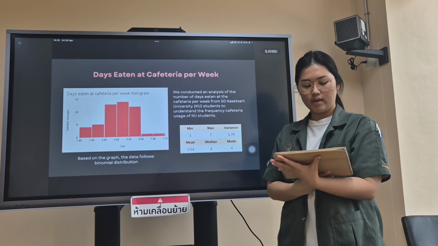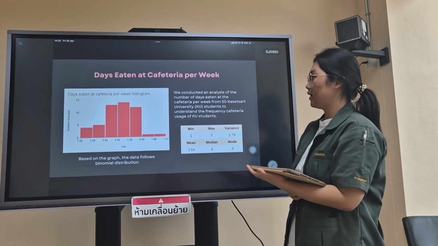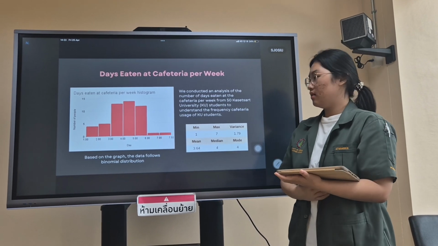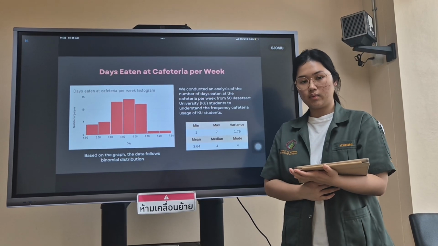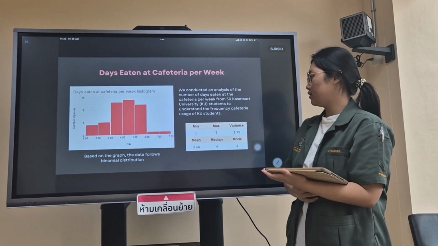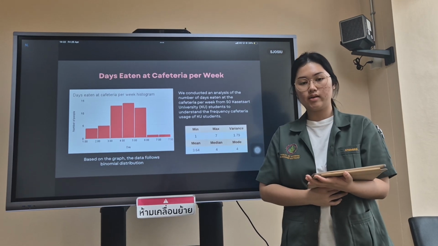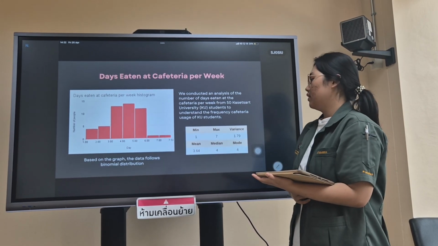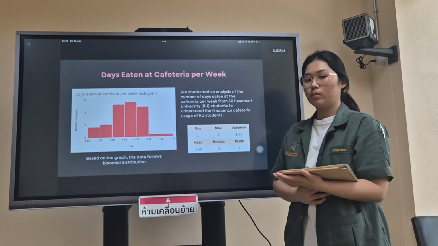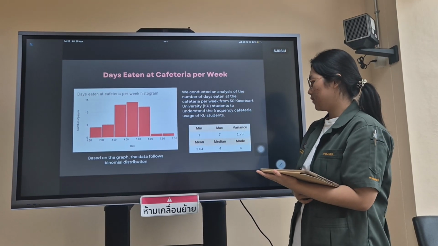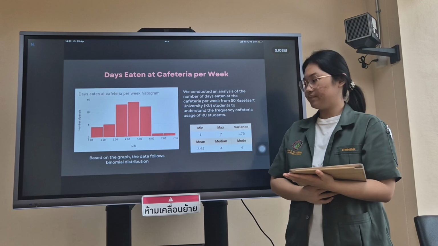Okay, next we collect data about meals eaten at the cafeteria per week. We collect this data because we want to know the frequency of cafeteria usage of KU students. We got minimum usage equal to 1 day, and the maximum is 7 days.